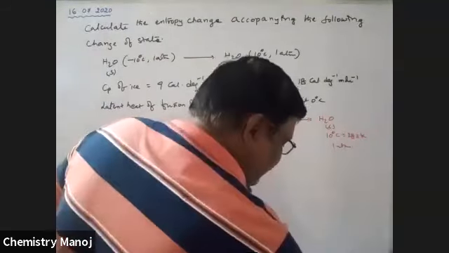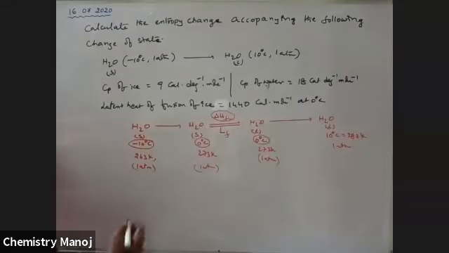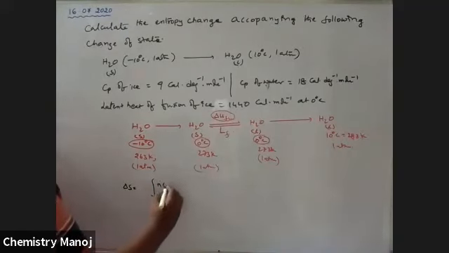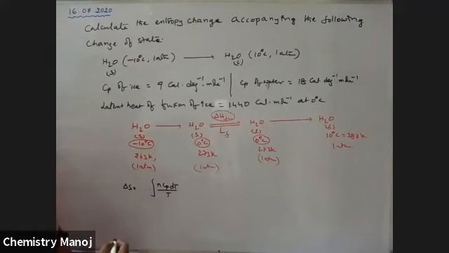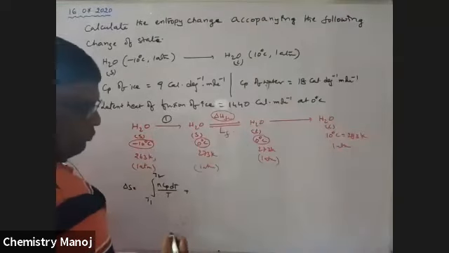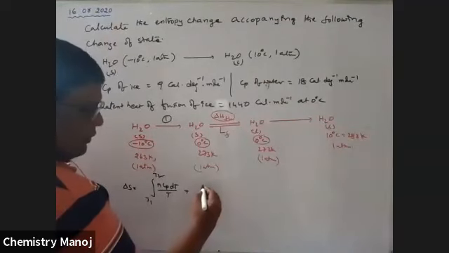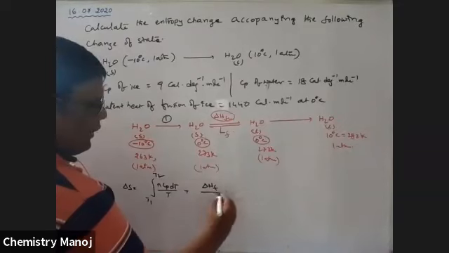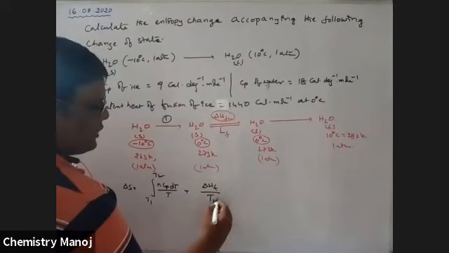For the first step, I am using delta S is equal to integral nCp dT by T, from temperature T1 to T2. Plus, for the second step, delta H fusion by T, the freezing point.